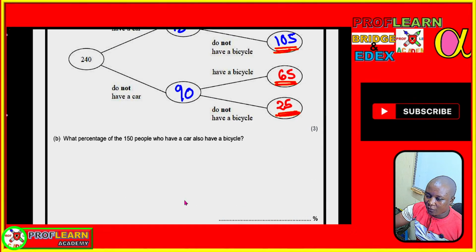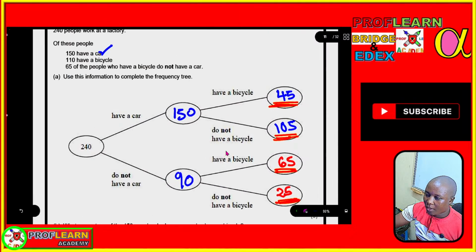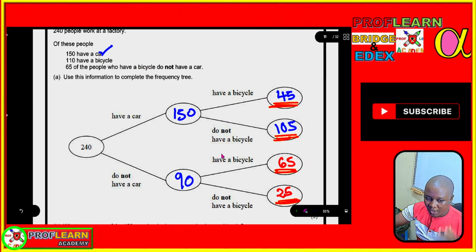What is the percentage of the 150 people who have a car that also have a bicycle? They have a car and also they have a bicycle. Those who have a car and a bicycle are basically these 45 people.